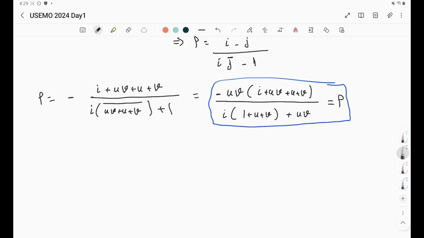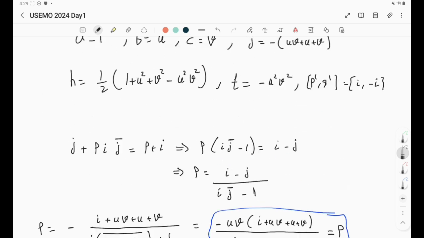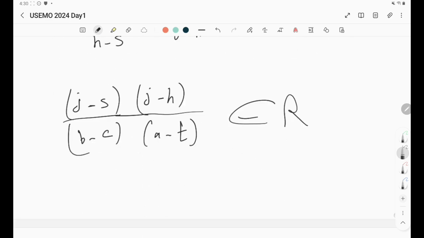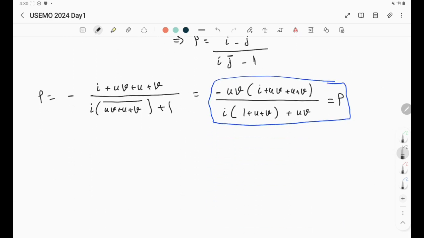What's the difference between P and Q? The only difference actually, Q is also the intersection of this Q prime I, just like this one is P prime I with a circle. So the only thing that changed is P prime and Q prime. So here we had I, now we have negative I. So we can just write here Q is equal to, exactly everything is the same.